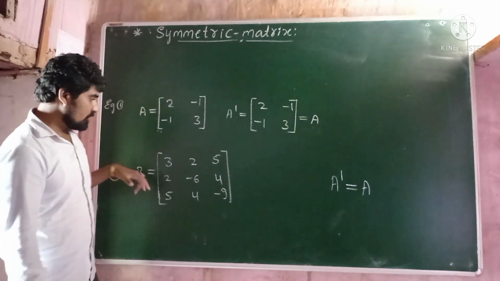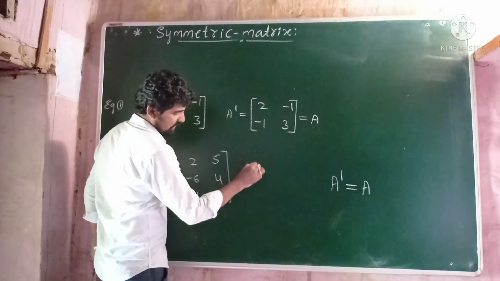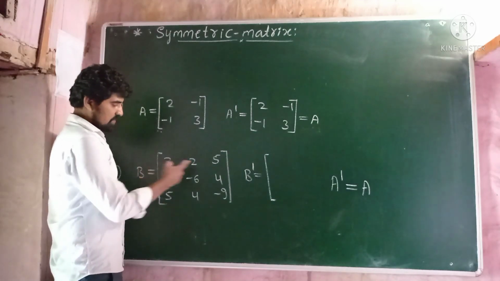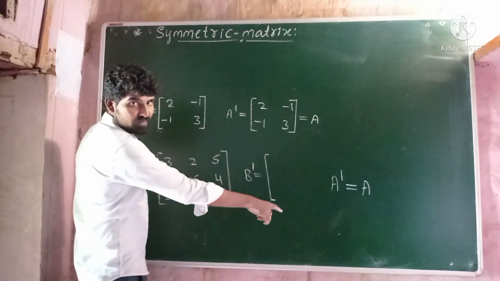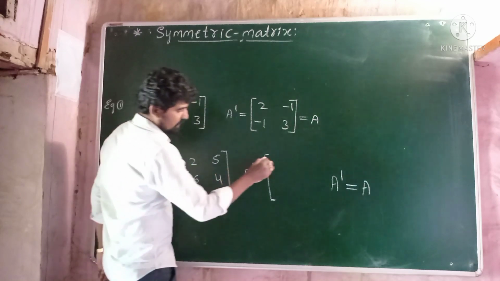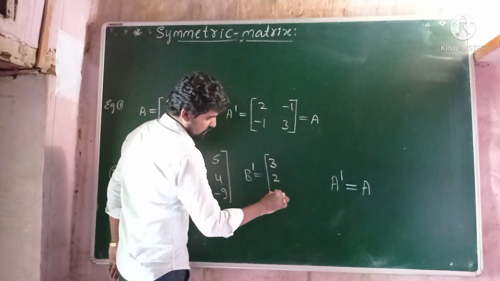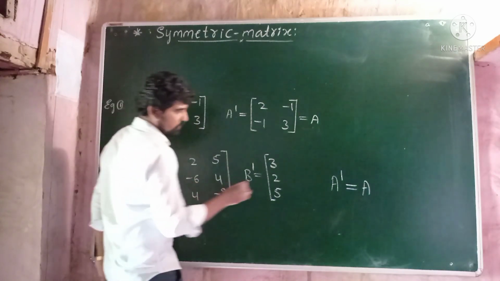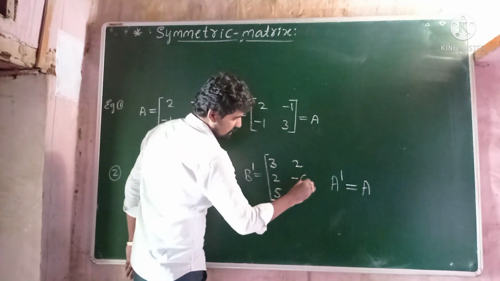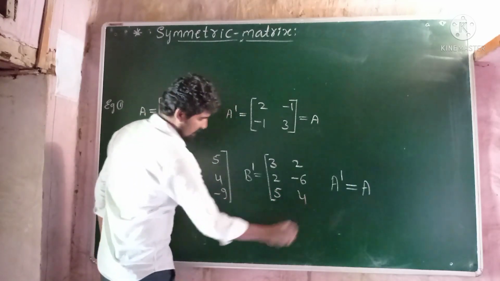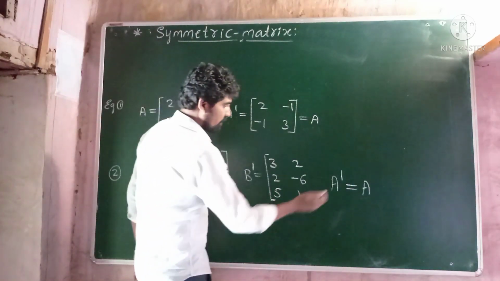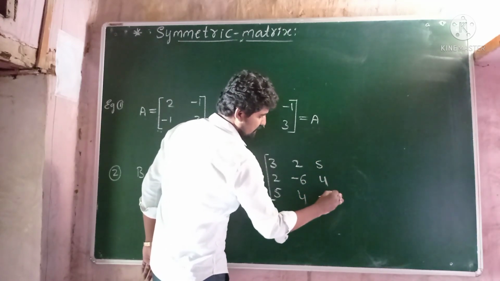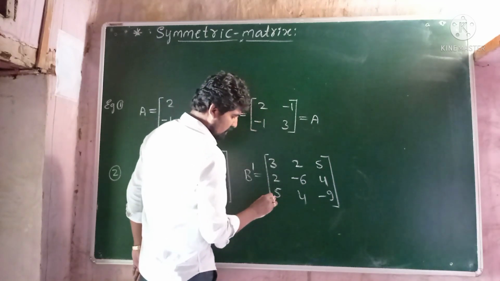Now, transpose of this matrix B is B dash. First row of the matrix B becomes first column, 3, 2, 5. Second row becomes second column, 2, -6, 4. And third row becomes third column, 5, 4, and -9.